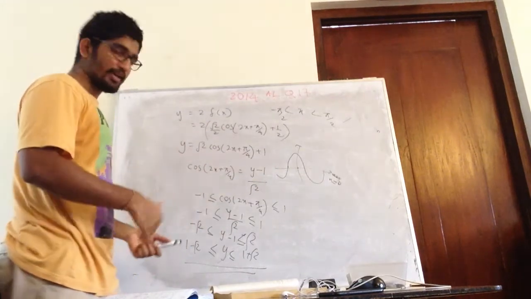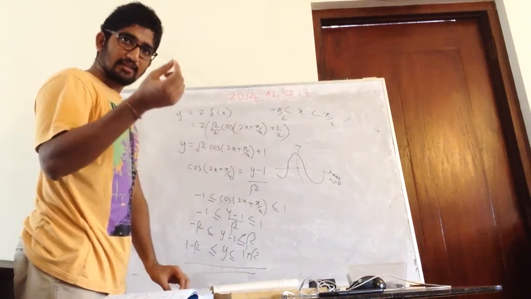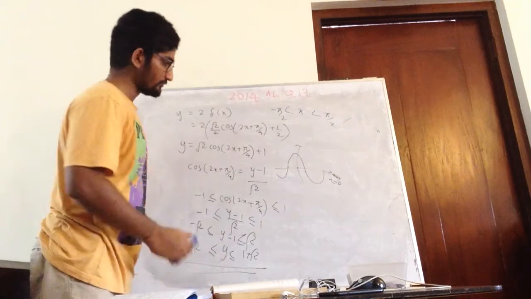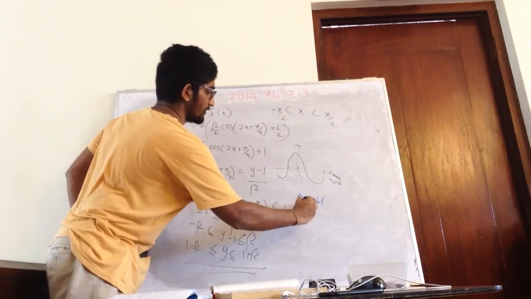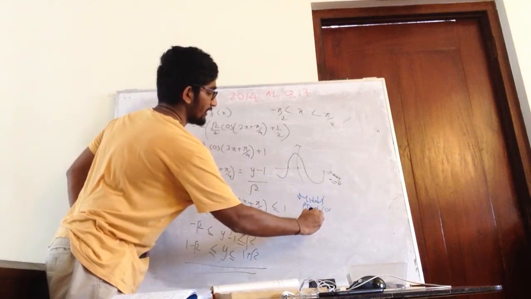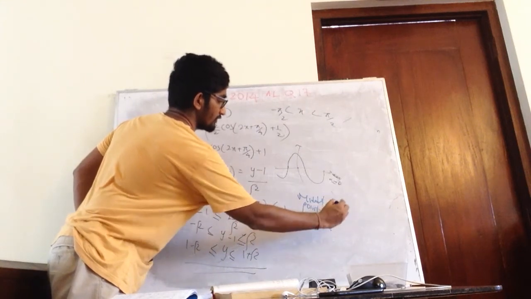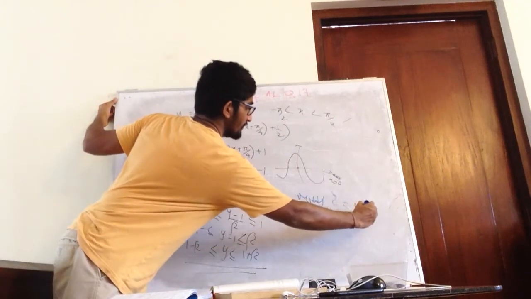So here the way you find it is also very simple. You just basically get the middle point of this. So how to get the middle point? Basically the middle point of a symmetric line, you add these two up and divide by 2.